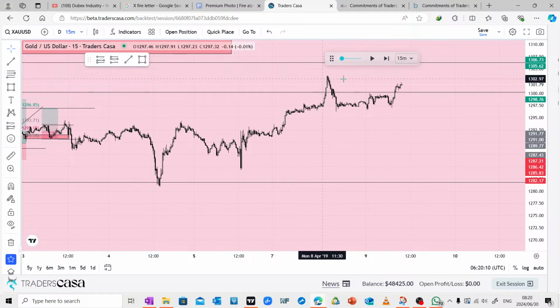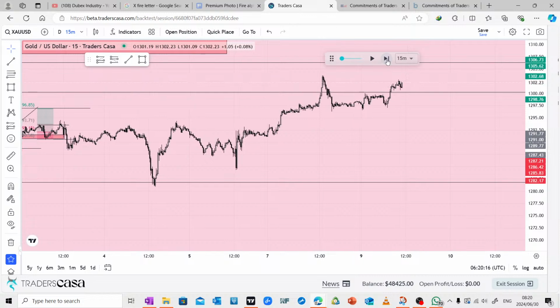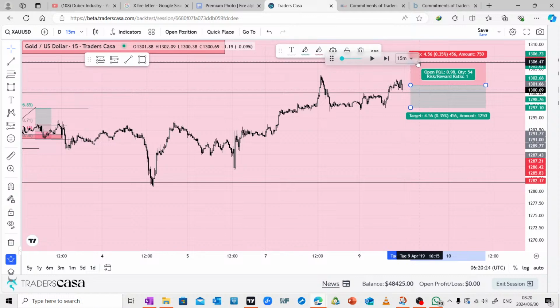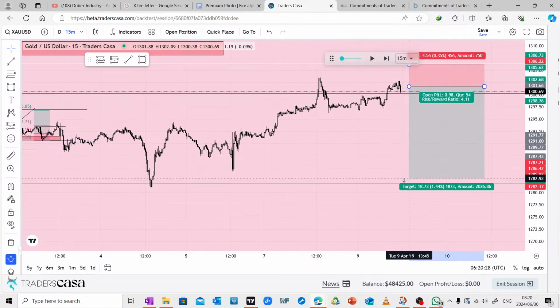So if this high, but I'll short it. Right there, I'll short this thing. Put my stop above there. Target these lows.